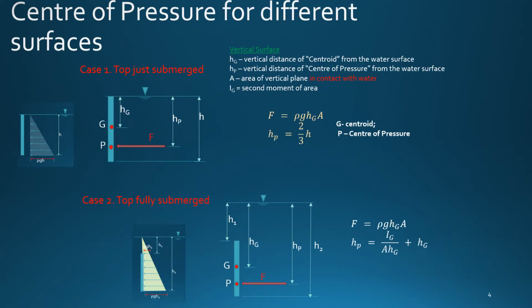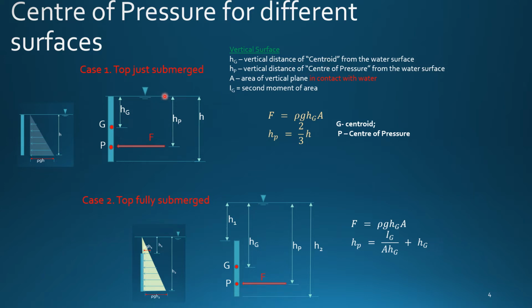How to calculate the center of pressure? The concept is similar in all cases, but let's divide in different shapes and see the approach we should take to calculate the center of pressure. But before doing that, let's talk about a few important parameters. The first one is Hg. Hg is the vertical distance of centroid from the water surface.